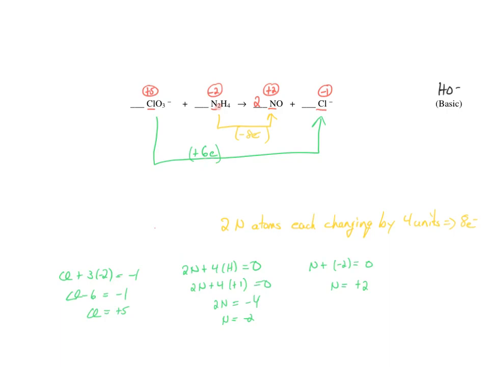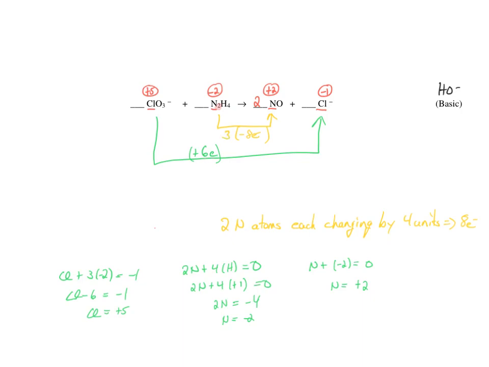Here, chlorine is accepting 6 electrons, going from +5 all the way down to -1. So plus 5 to 0 is 5, plus another one for 0 to -1. So 6 total electrons are being gained, 8 lost as written. We want to balance electrons lost to gained, so the lowest common multiple of 8 and 6 is 24.